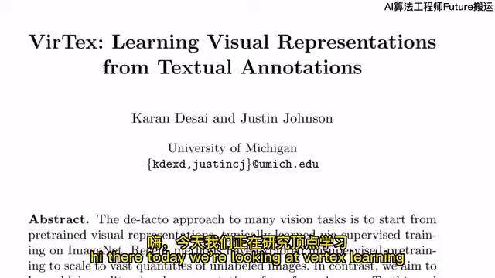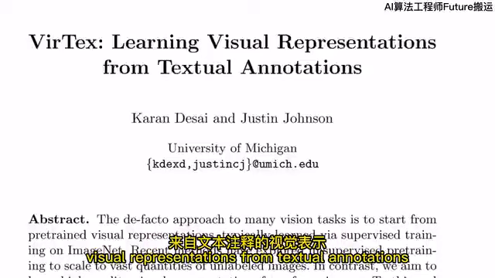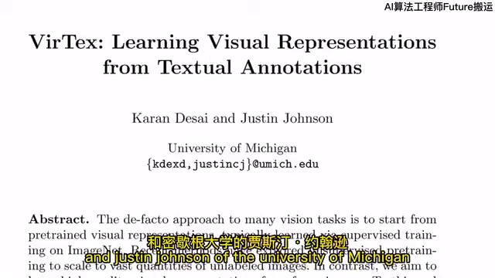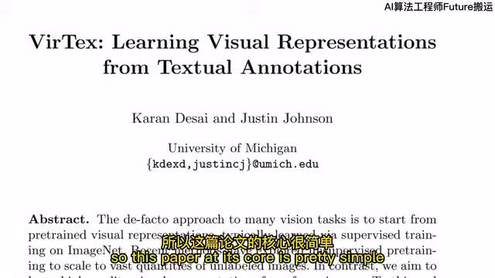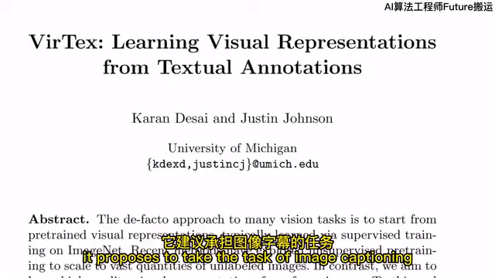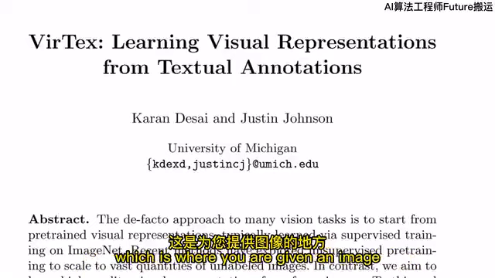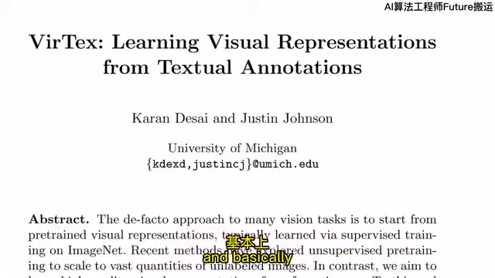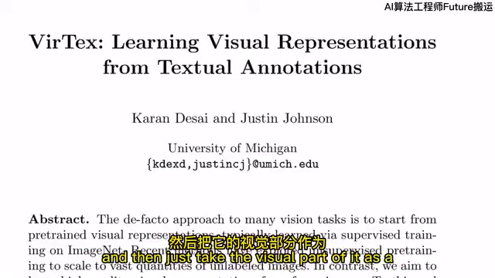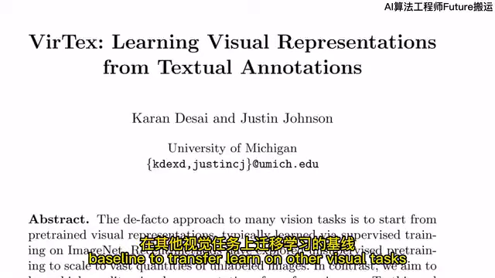Hi there. Today we're looking at VirTex, Learning Visual Representations from Textual Annotations by Karan Desai and Justin Johnson of the University of Michigan. So this paper at its core is pretty simple. On a high level, it proposes to take the task of image captioning, which is where you're given an image and you're asked to produce a caption for the image, and basically train a model to do this, and then just take the visual part of it as a baseline to transfer learn on other visual tasks.